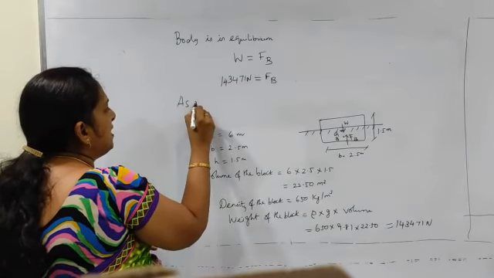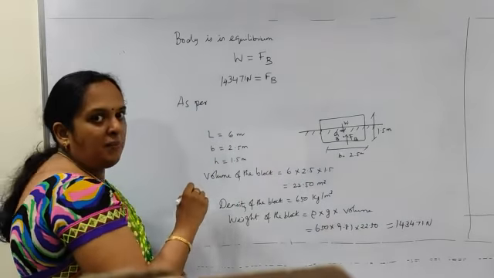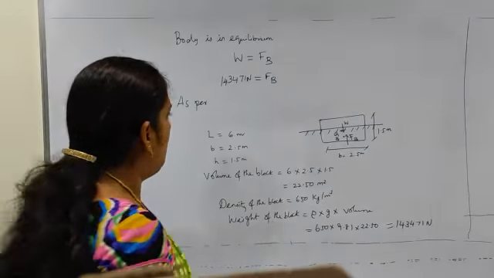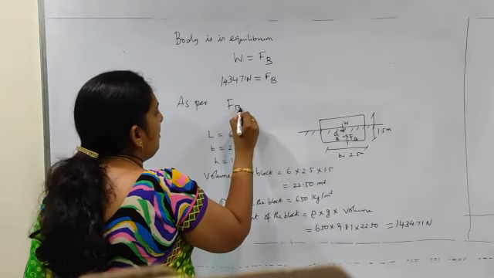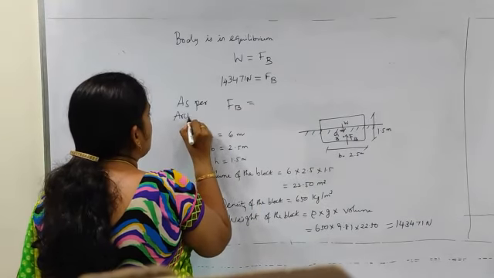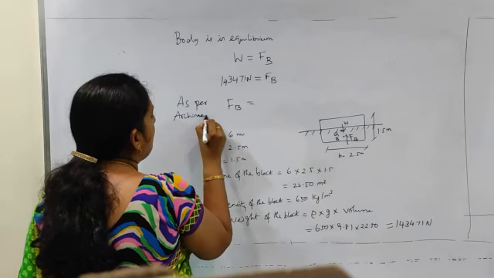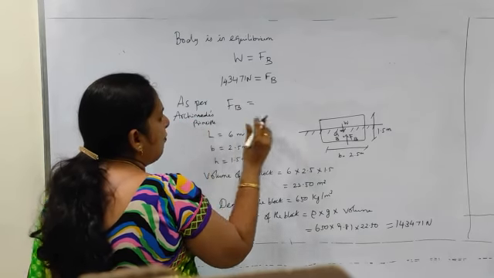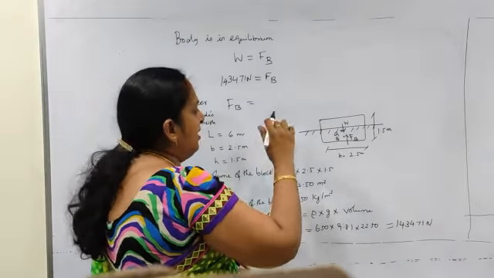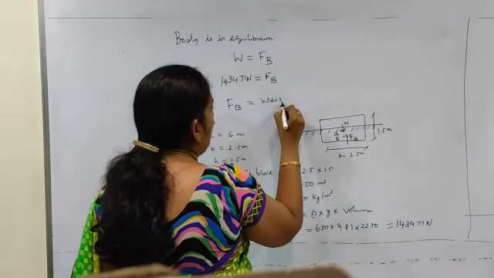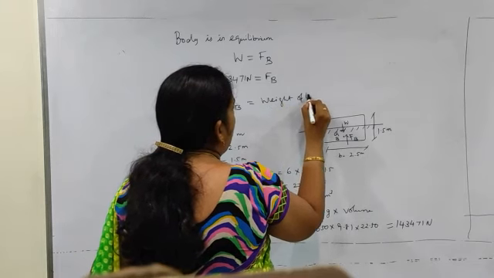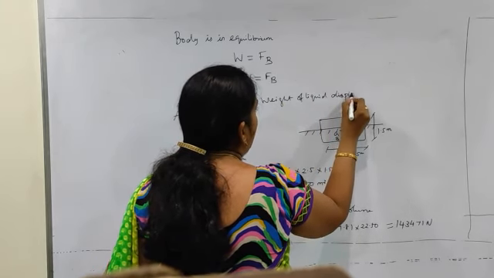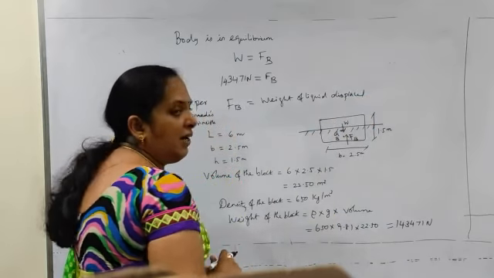So what is this force of buoyancy? As per Archimedes principle, this force of buoyancy will be equal to the weight of the liquid that is displaced by the body. Since here it is water, it is the weight of the water that is being displaced.